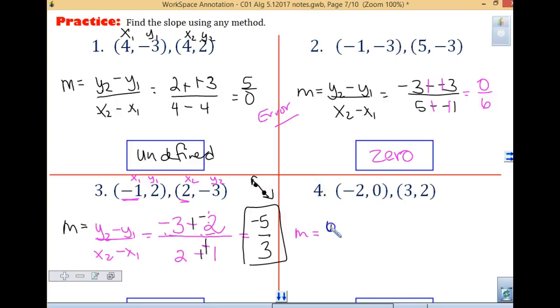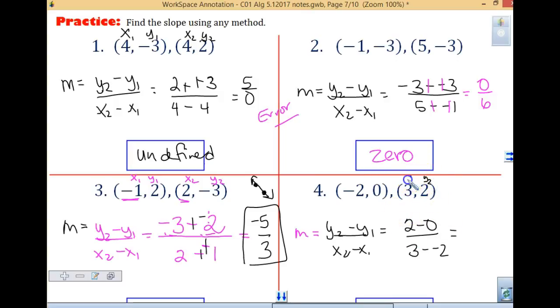So we're going to the next one. y2 minus y1, again, over x2 minus x1. Anyone want to volunteer to start us out? Abby, you want to give it a shot? 2 minus 0 over 3 minus -2. And I'll tell you, there's just really small errors that people will make in this. If we are looking at this, we have our y2.